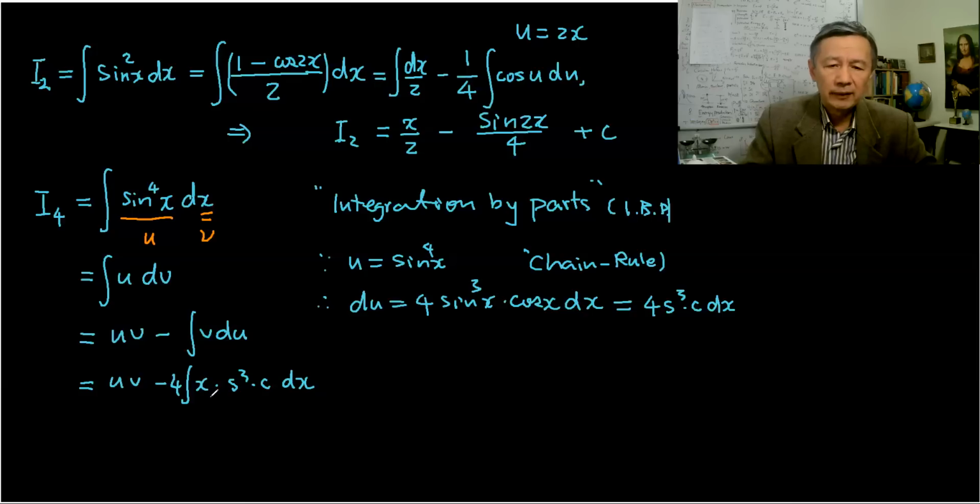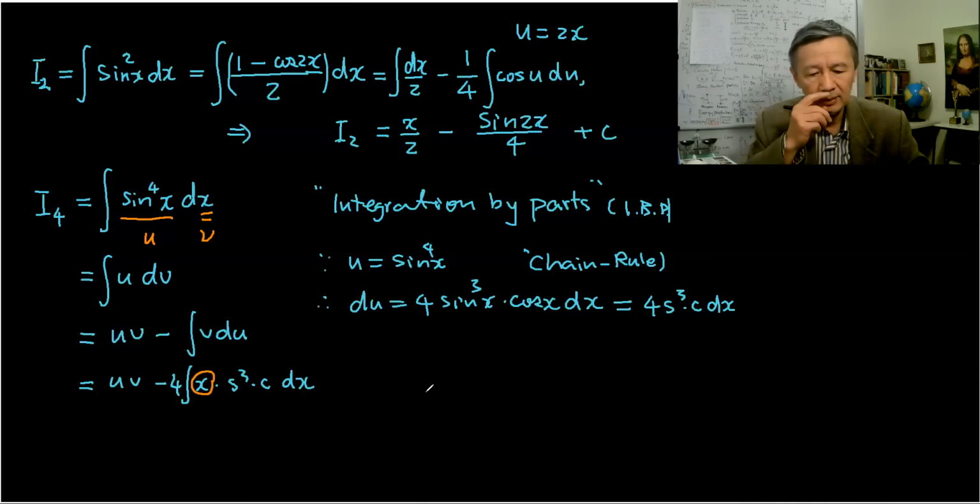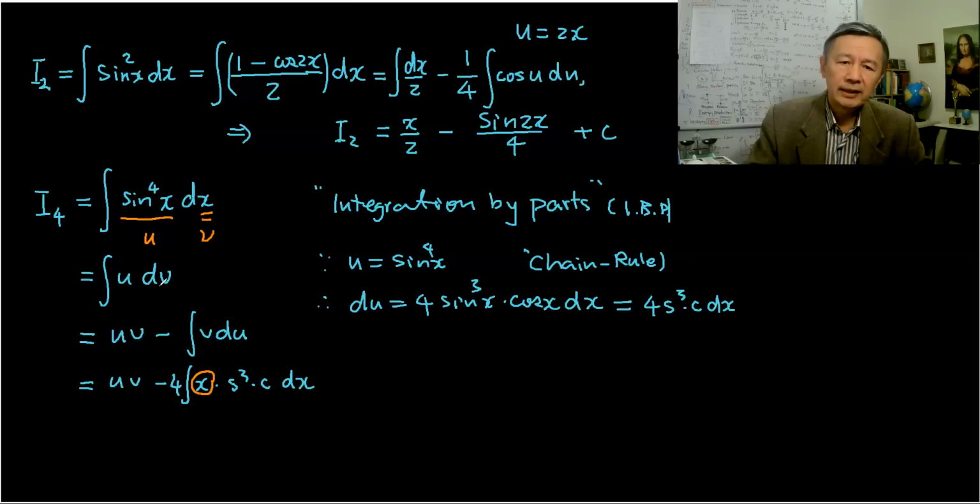We can't go that far, because here we got the x, which is unwanted, because that will make the situation more complicated. So there's no way through, so we have to do it again.